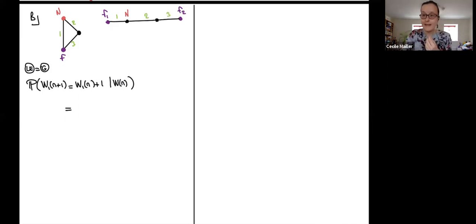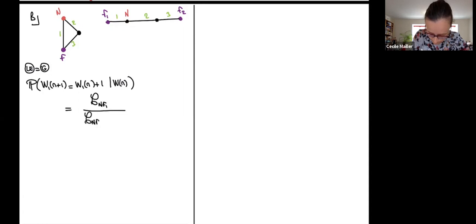And so the probability that I reinforce edge number 1 is the probability that starting from n, my random walk on this graph is going to reach F1 before reaching F2. And what the electric conductances method tells us is that this is equal to the effective conductance between n and F1 divided by the effective conductance between n and F1 plus the effective conductance between n and F2.